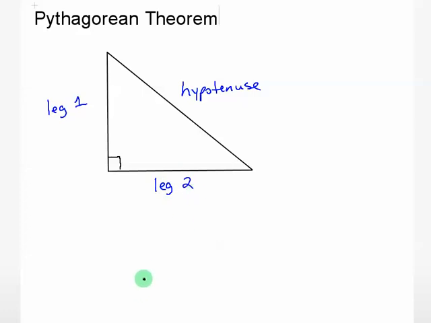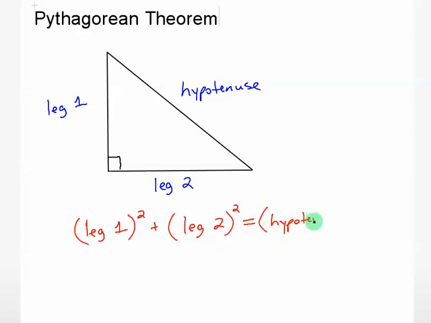Okay? The Pythagorean theorem says this. If you have a right triangle and you take leg 1, whatever that length is, and square it, plus whatever you get when you square the length of leg 2, the result is the square of your hypotenuse.